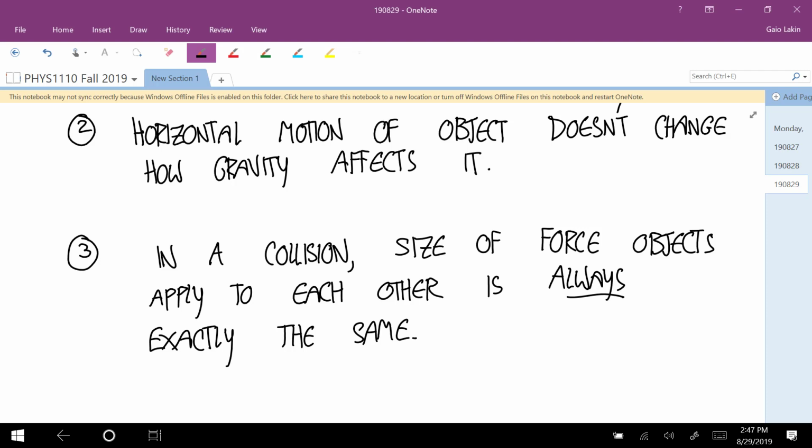So how is it possible that the force that the bat applies to the ball to make it go over the fence is exactly the same size as the force that the ball applies to the bat? That doesn't feel right, but it really is true.